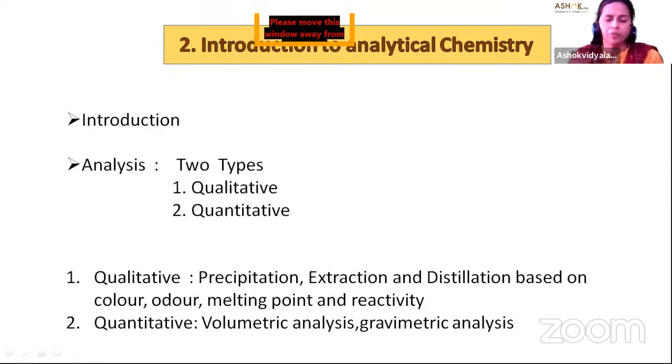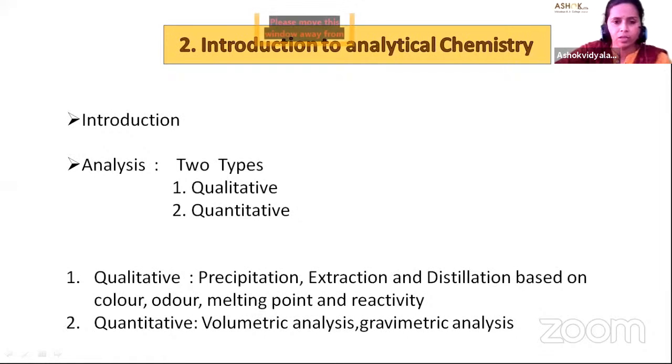Then distillation, if it is a liquid component, and if it is a mixture of 2 to 3 components, we separate them by fractional distillation based on boiling point. With the help of color, odor and aroma, you can identify the type of compound. All of this comes under the qualitative technique.